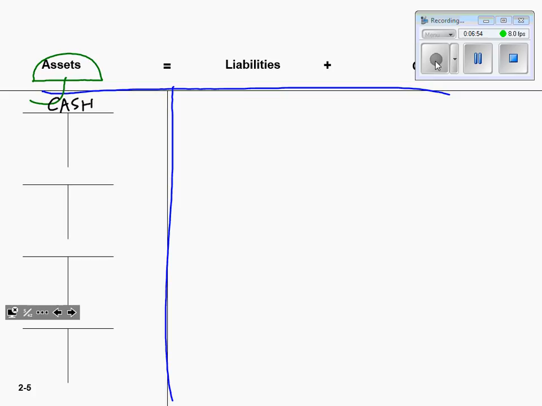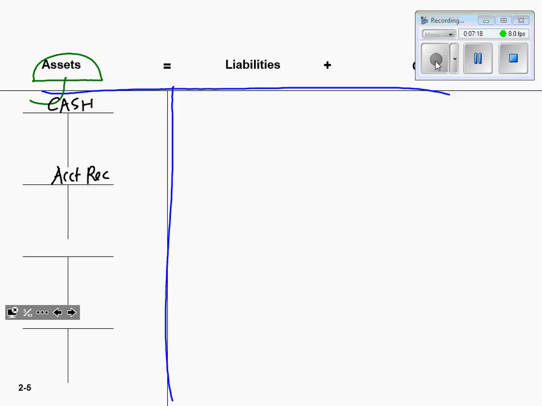We also learned that the next most liquid asset, I talked about liquidity a little bit last week because you guys were asking about it, is accounts receivable. Because if I literally had to go knock down the door, knock, knock, knock, AR, you owe me money.